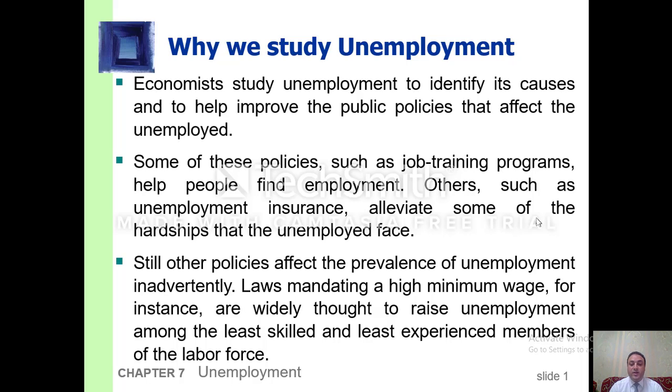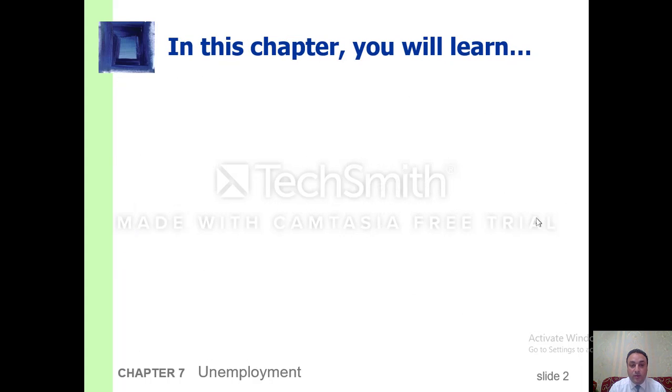Still, other policies affect the prevalence of unemployment inadvertently, as laws mandating a high minimum wage, for instance, are widely thought to raise unemployment. Some economists think that laws that raise the minimum wage of workers may increase unemployment among the least skilled and least experienced members of the labor force.